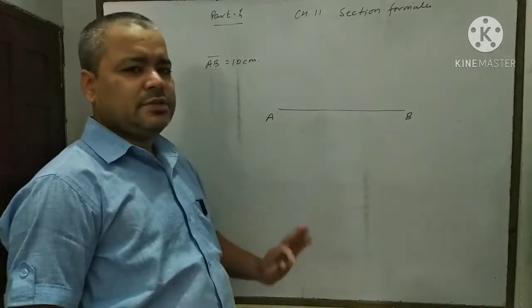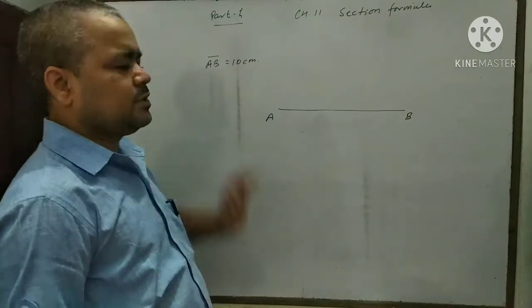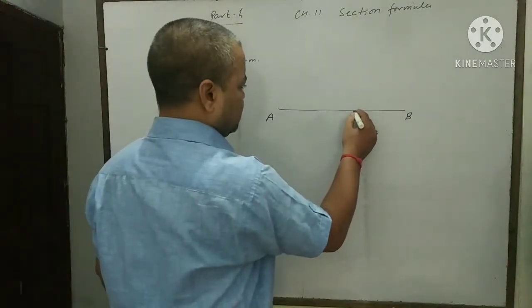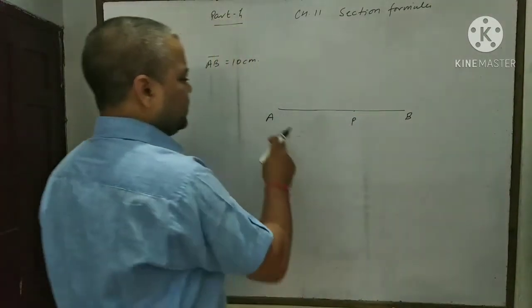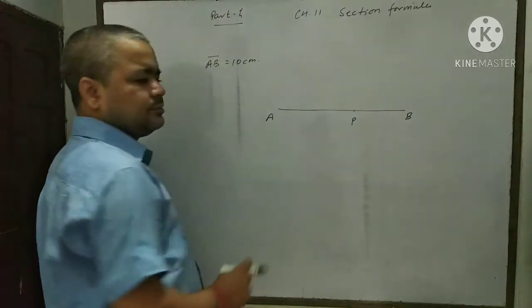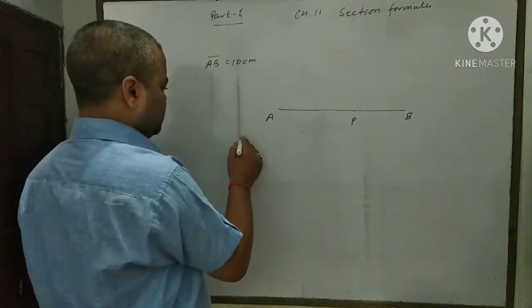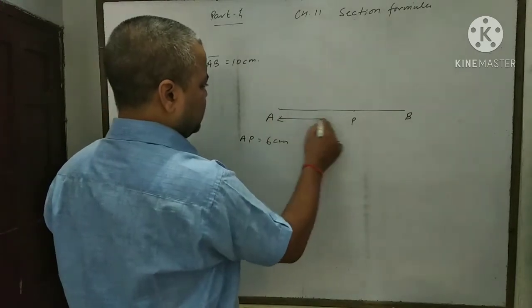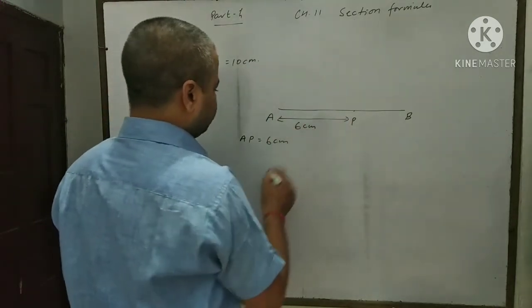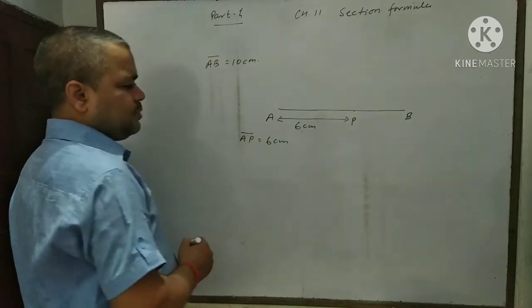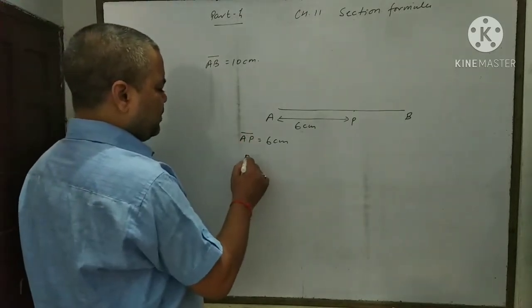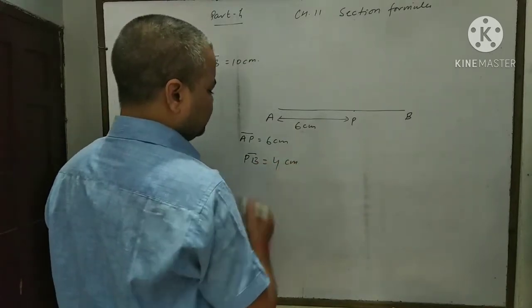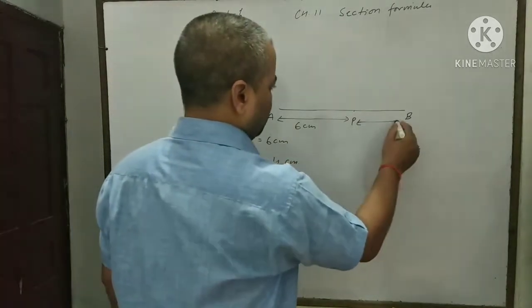Let any point P divide the line segment AB such that AP is equal to 6 cm, line segment AP we can say, and PB is equal to 4 cm.